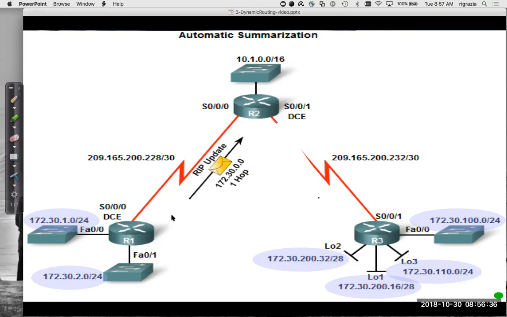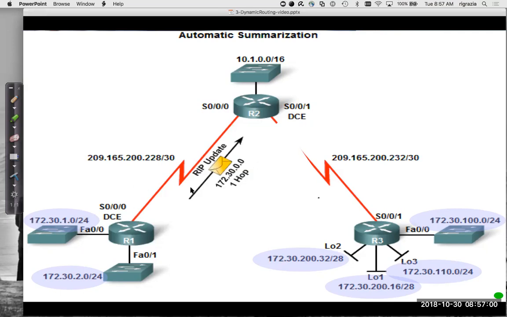What does that mean? Well, in the old days, both 172.30.1.0 and 2.0 belong to the Class B network 172.30.0.0/16. So RIP would just automatically summarize these because it's going over a 209 network, not another 172.30 network.